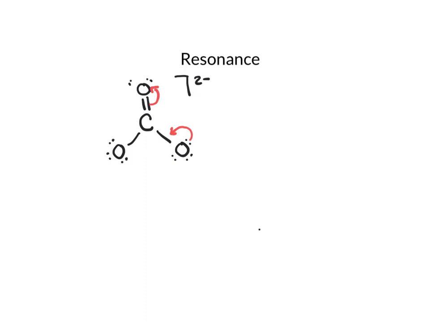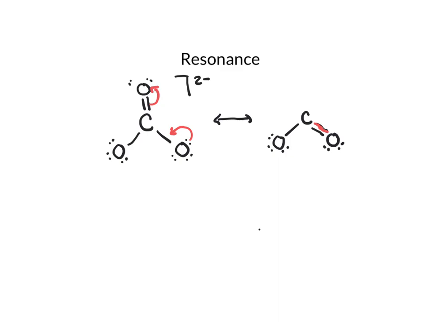So if I move those electrons around, don't change where the atoms are, just move the electrons around, I can redraw this structure, putting the electrons where I've now moved them. So now I've moved 2 electrons in where this oxygen was. I lost one of my lone pairs, and so let's make that one red so we can see which one we moved. I left this one alone. I didn't do anything to this one.